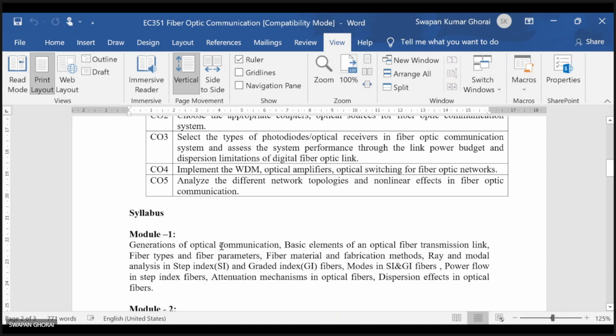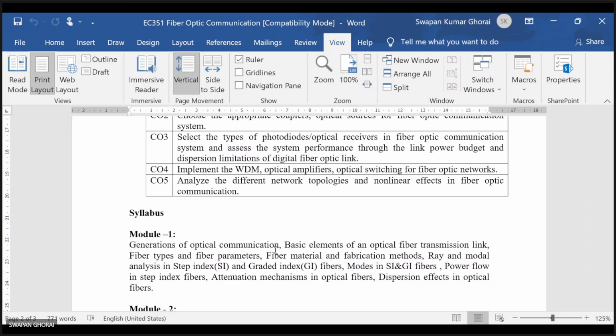In fact, optical communications is a broad term. We'll focus on fiber optic communications, because if you say optical communication, then optical wireless communication is also there. Li-Fi is there, visible light communication is there, undersea communication is there. So different types of communication are there, but we'll focus on fiber optic communications.